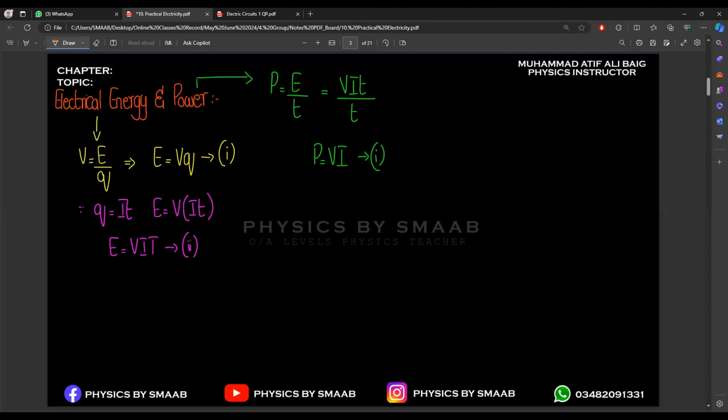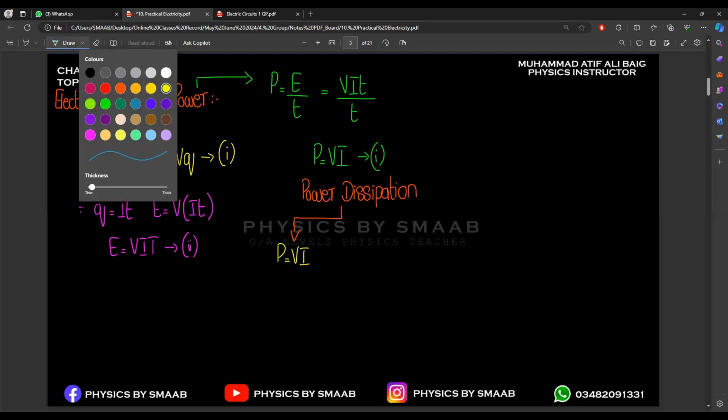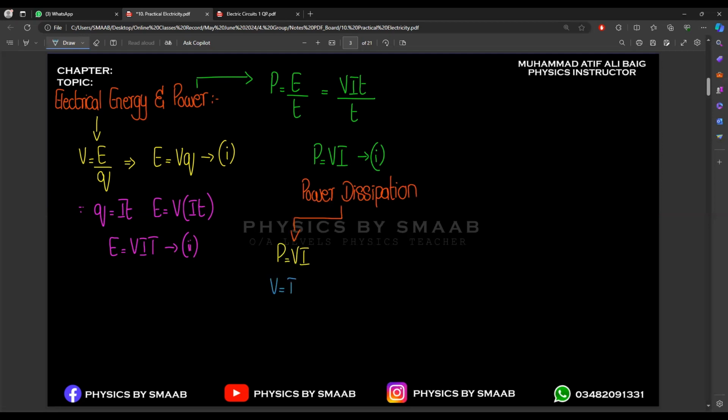So for that scenario, the first possibility is if we use the formula P is equal to VI, and if we substitute the value of V with Ohm's law, V is equal to IR, so P is equal to I square R.